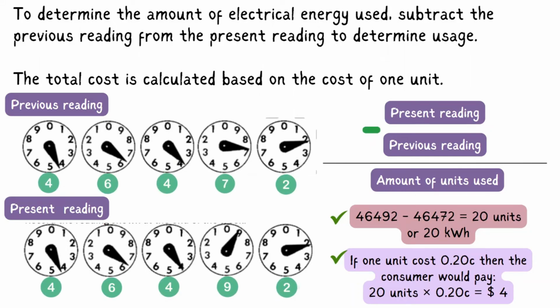To determine the amount of electrical energy used, subtract the previous reading from the present reading to determine usage. The total cost is calculated based on the cost of 1 unit. So if the previous reading is 46472 and the present reading is 46492, you subtract 46472 from 46492 and we see that 20 units or 20 kilowatt hours has been used.